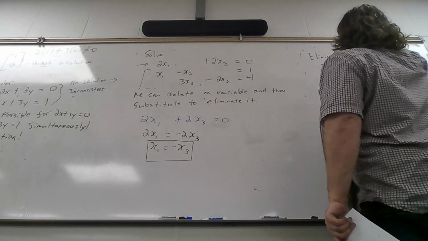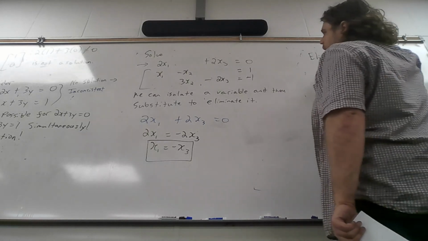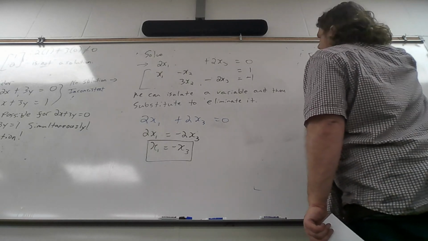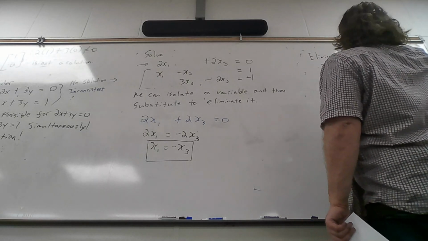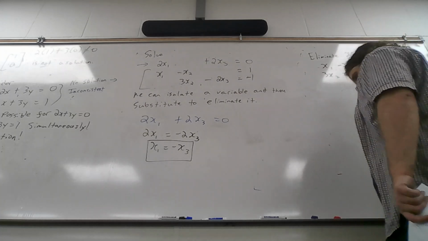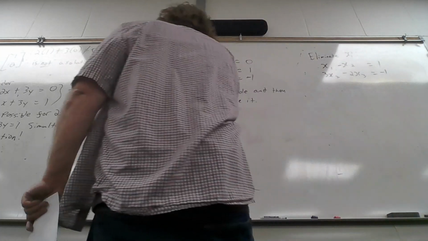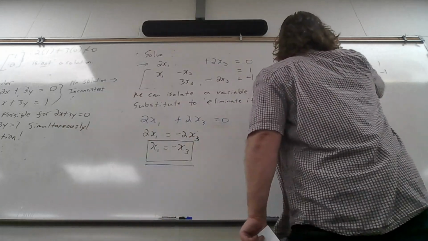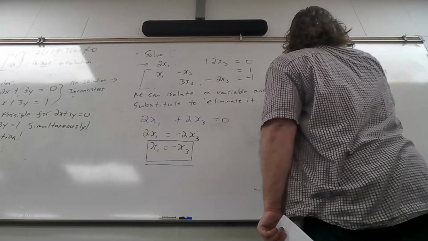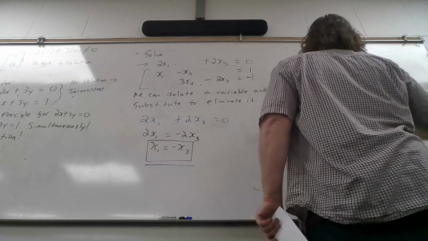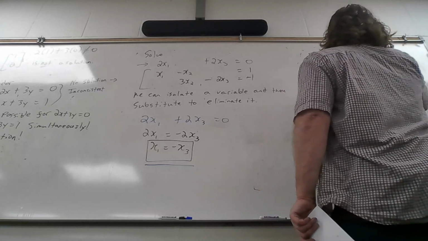So what we have is this, and 3x2 minus 2x3 equal to minus 1. So this, we just plug it in for x1. So minus x3 minus x2 equals 1.